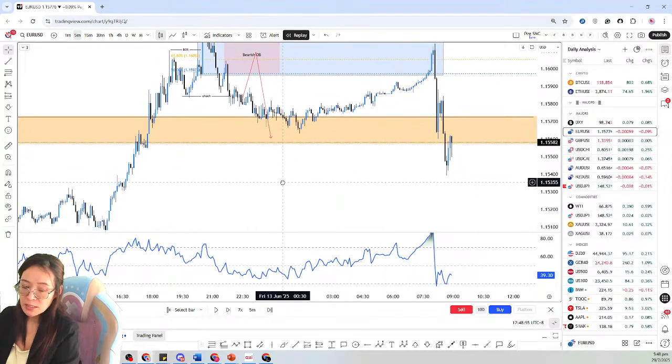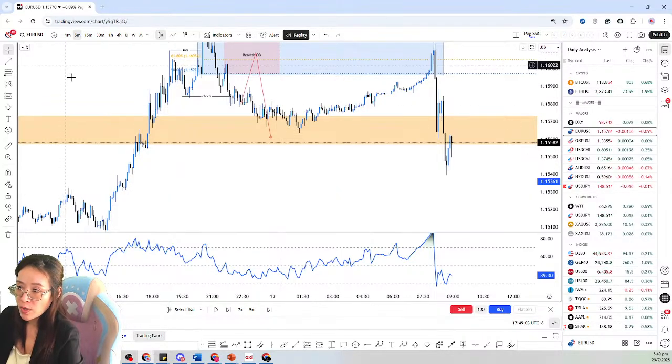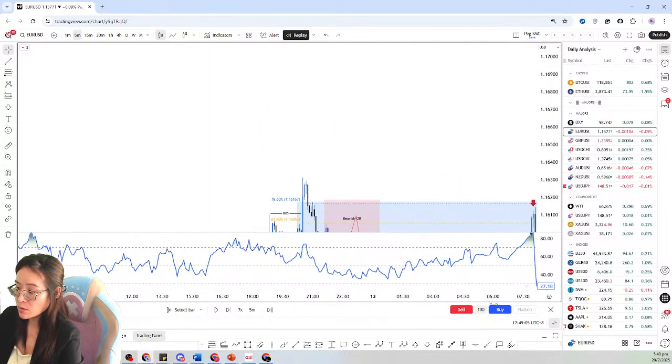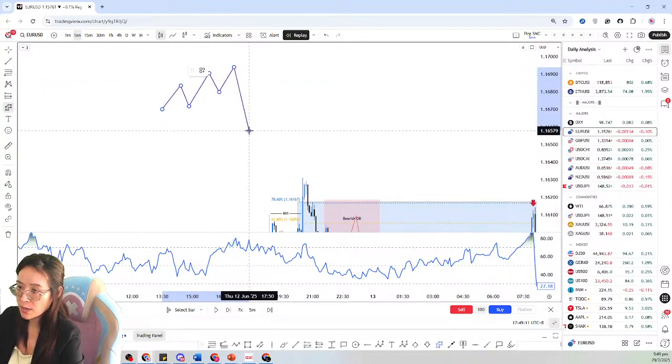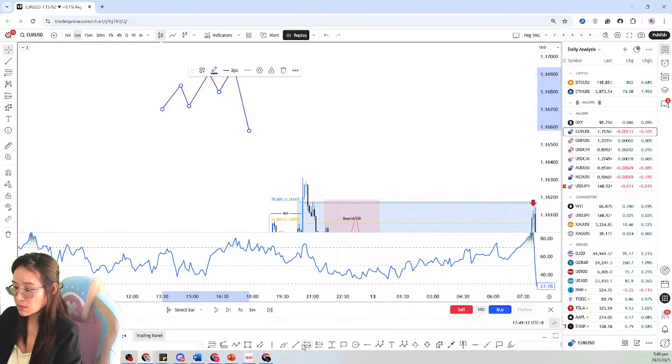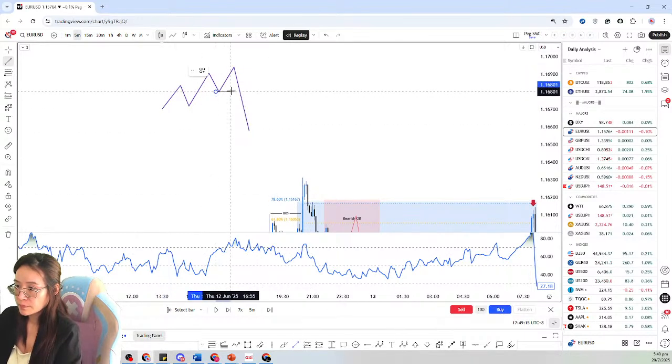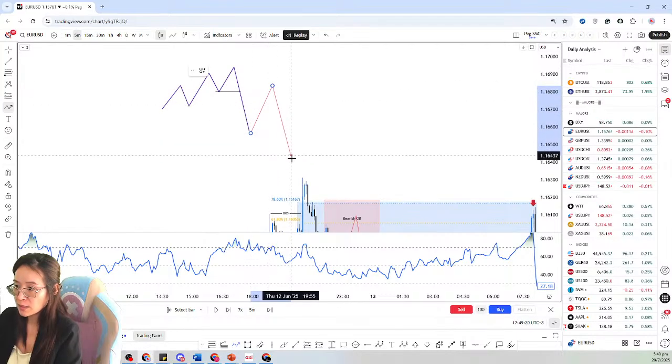You see that? This is how you would place the entry when you get stop hunted. Okay, you need to wait for price. You get stopped out at the key level in the lower time frame. You need to wait for price to make the change of character and wait for price to pull back, and then you sell. Okay, like that.